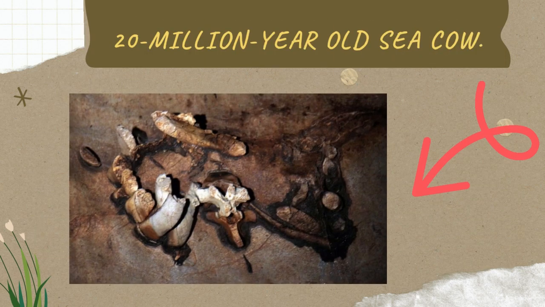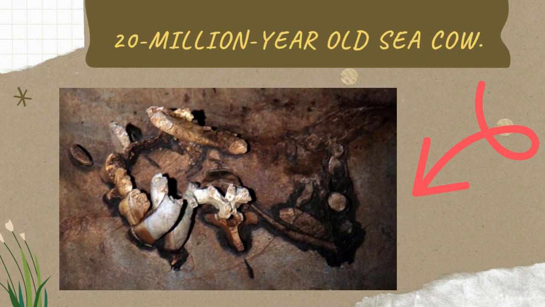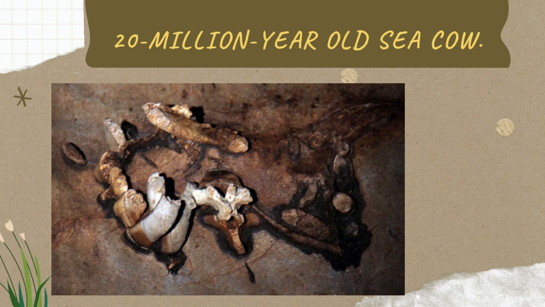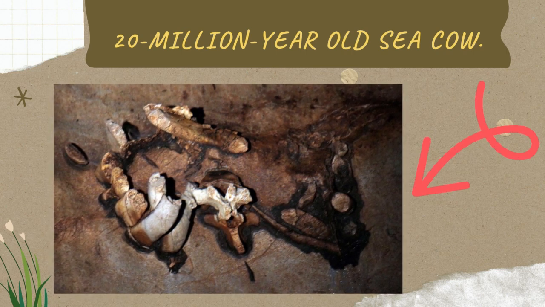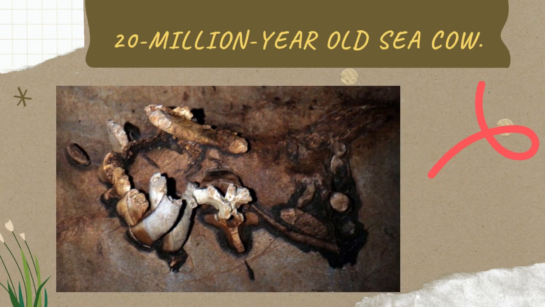These rocks may contain fossils of plants or animals trapped in the sediments as the rock is lithified. Examples are coal, some dolomites, and some limestone, such as those rocks found in the Puerto Princesa Underground River containing the 20-million-year-old sea cow.